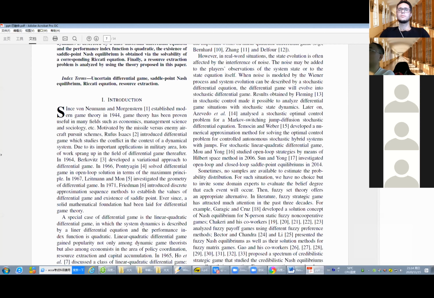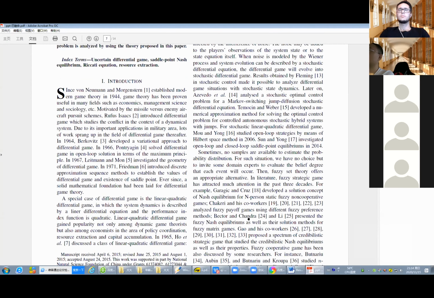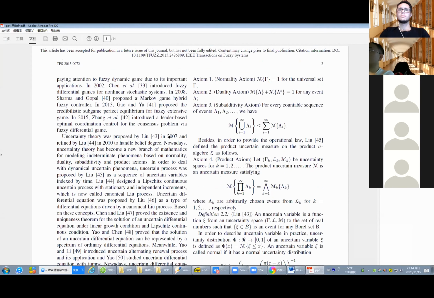In the literature, the differential game has attracted much attention in the past three decades. But uncertain theory was proposed by Liu in 2007 and refined in 2010.